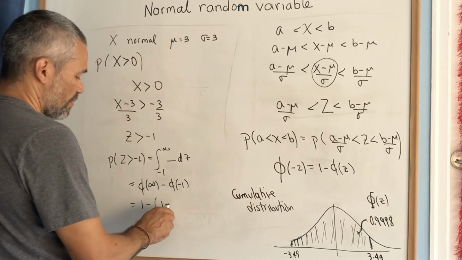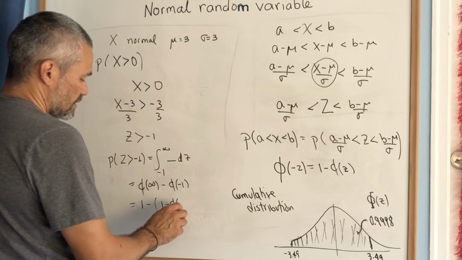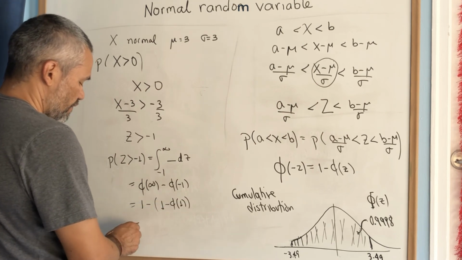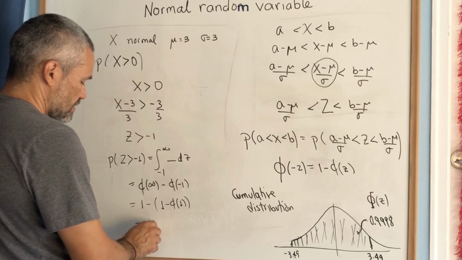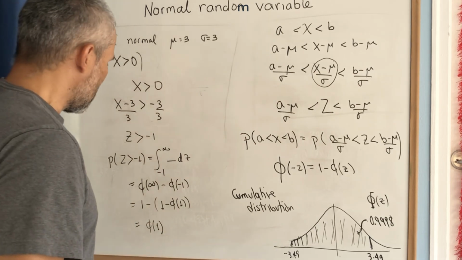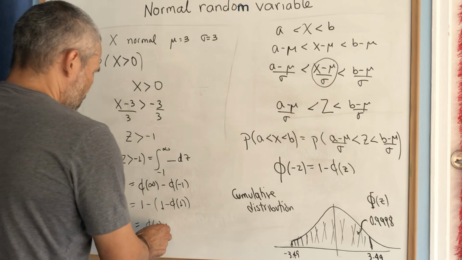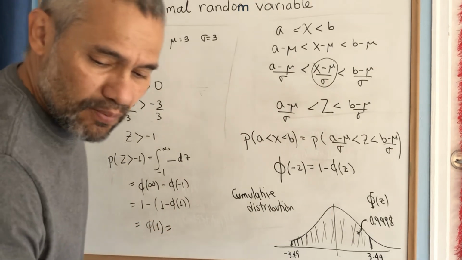This is just 1 minus the cumulative function at 1, and therefore we get that this is just the cumulative function evaluated at 1.